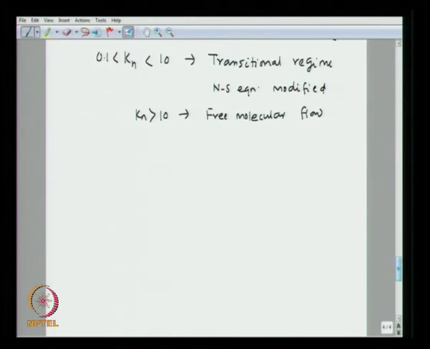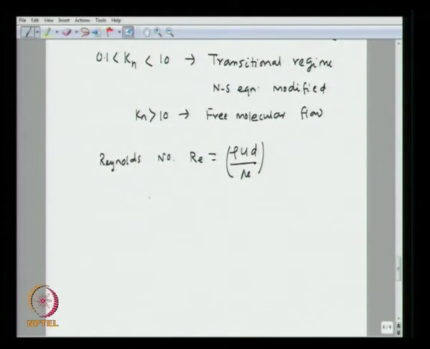So next we talk about Reynolds number. Reynolds number is the ratio of the inertia to viscous force. Reynolds number is denoted by Re, which is rho u d over mu, and depending on the value of the Reynolds number, we can categorize the flow.